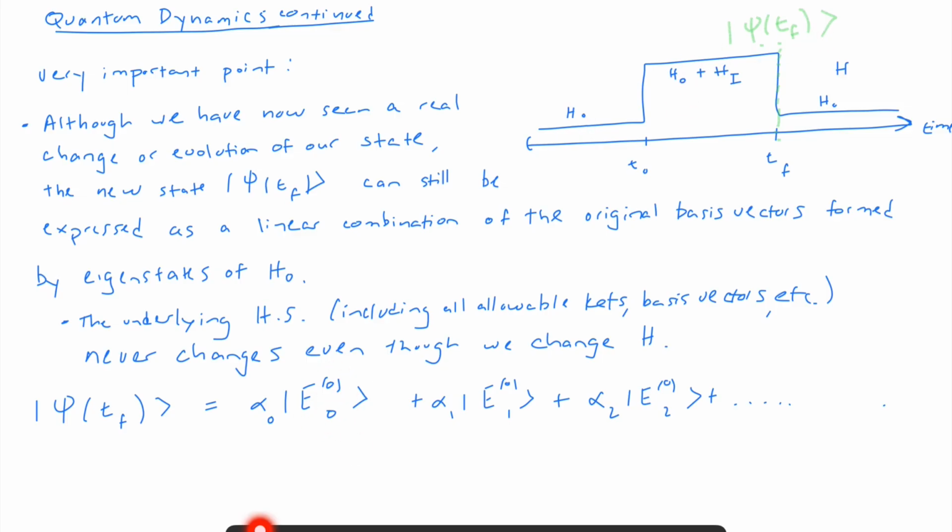Now it got changed, but even with this change, we can still express this new state in terms of the eigenbasis here. So I express it over here as E0 plus E1 plus E2, where each of these are eigenstates of the original Hamiltonian H naught, even though at t_f we're not in a Hamiltonian like this. And there's some, of course, alpha, which reflects the coefficients of each of these components.